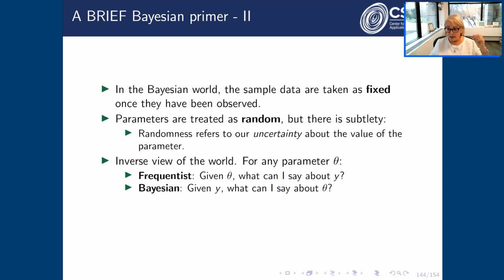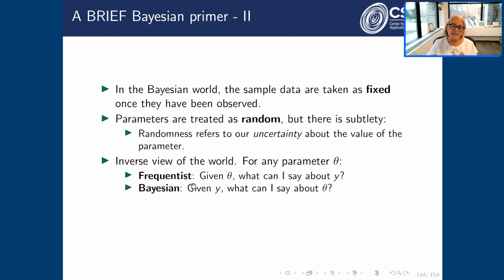So P is my best guess for pi if I am a frequentist. If I am a Bayesian, I will give you a whole lot of values that I think are likely values for the true unknown pi. So the frequentists and the Bayesians have a completely inverted view of the world.